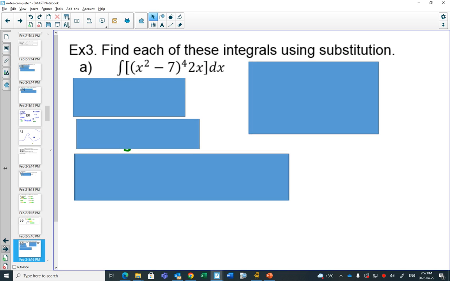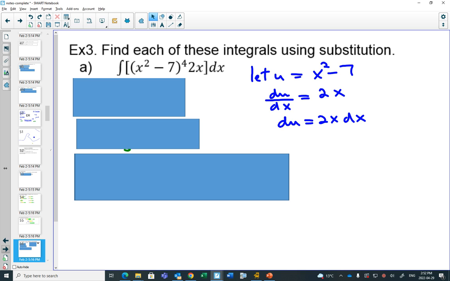So, here's our first equation. We notice the derivative of the inside function is there. That the derivative of x squared minus 7 is 2x. So what we do is we say, let's make u the x squared minus 7.